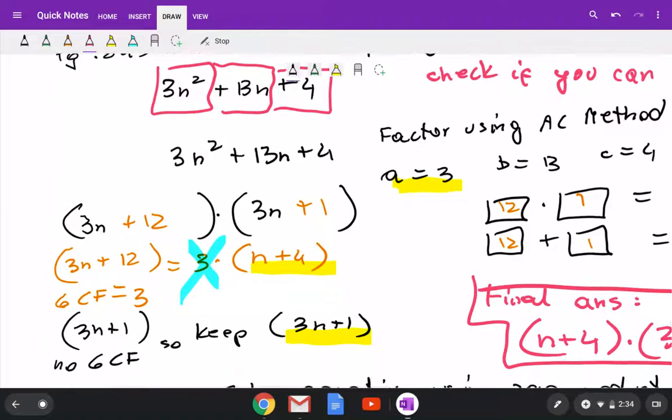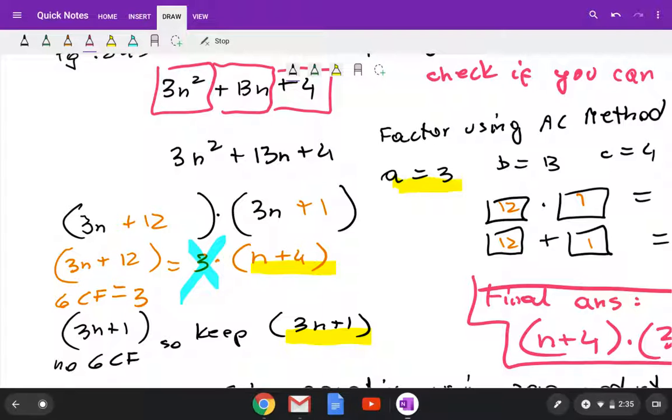After creating those two factors, next you're taking each factor and checking if your factor has a GCF. If your factor has a GCF, you're going to ignore that GCF. So you have 3n plus 12. The GCF between 3n and 12 is 3. So I factor out 3, and I will end up with the binomial n plus 4.